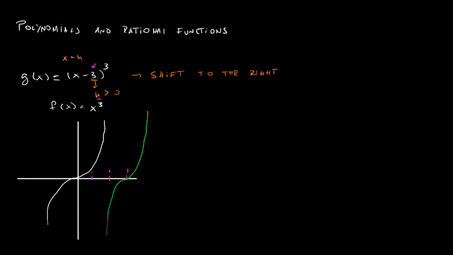Let's say we now define the function h of x equals the absolute value of x minus 3 to the power 3. So h of x is actually the absolute value of g of x.